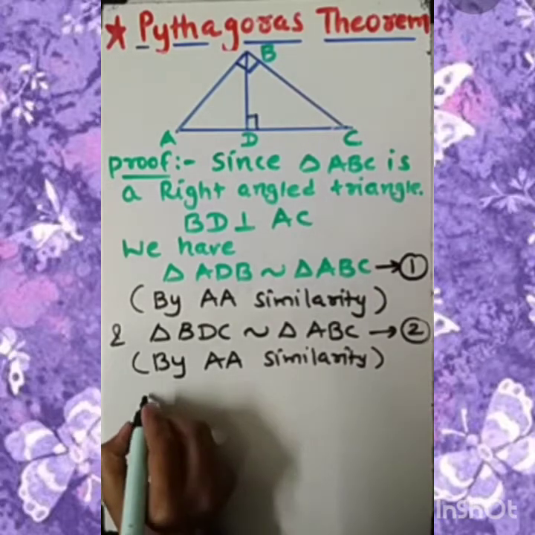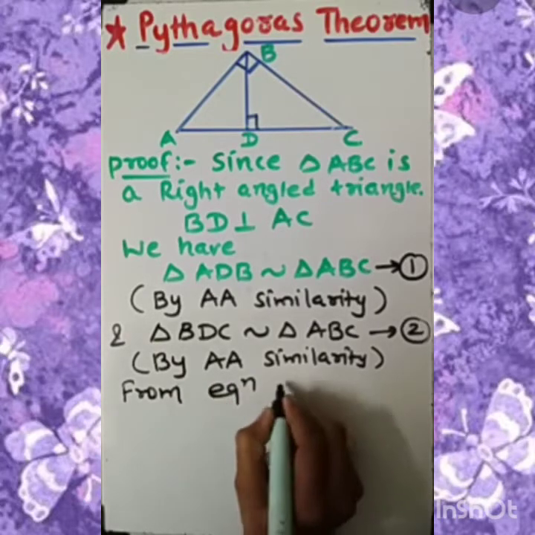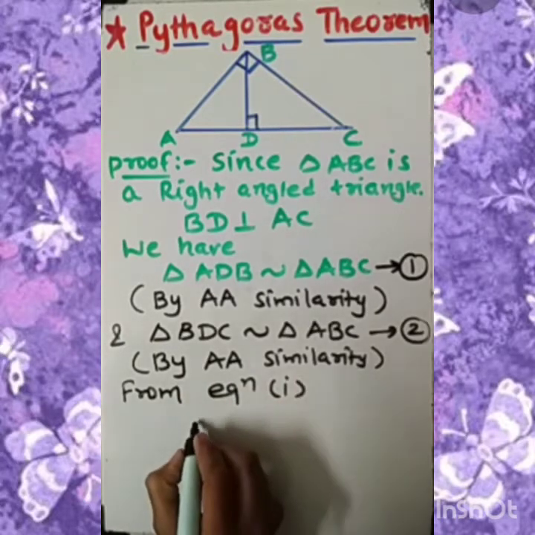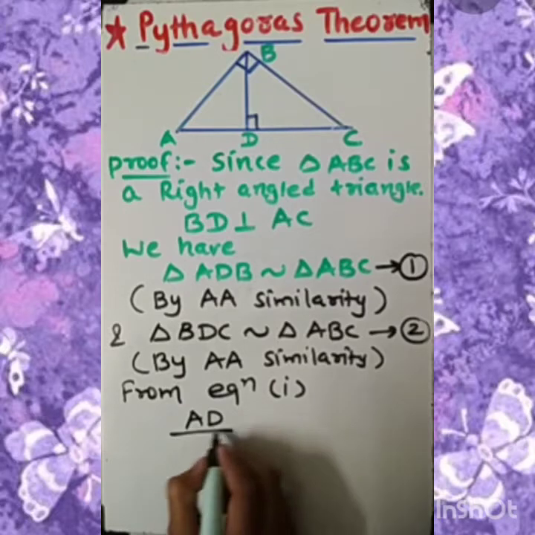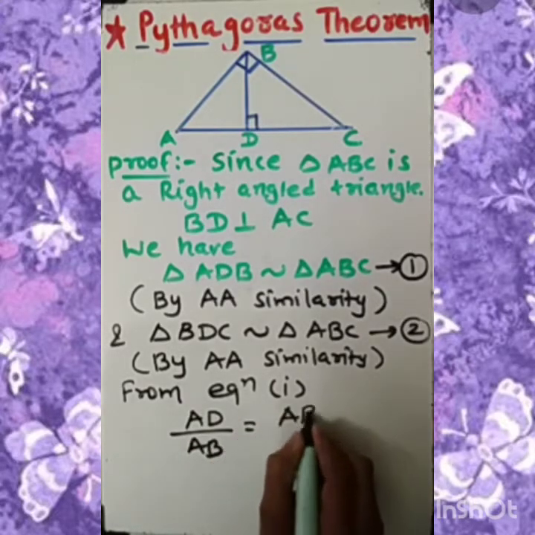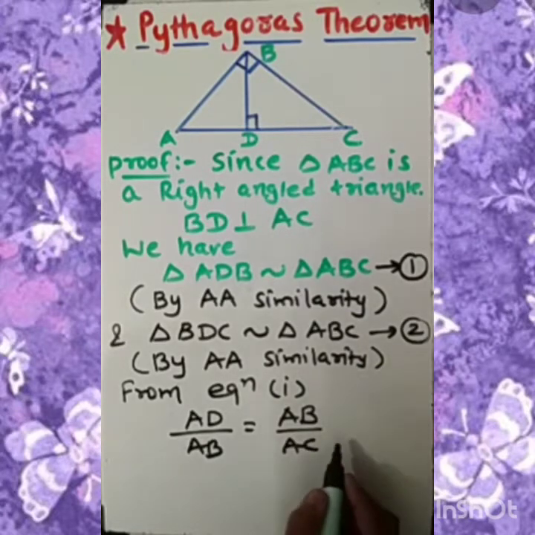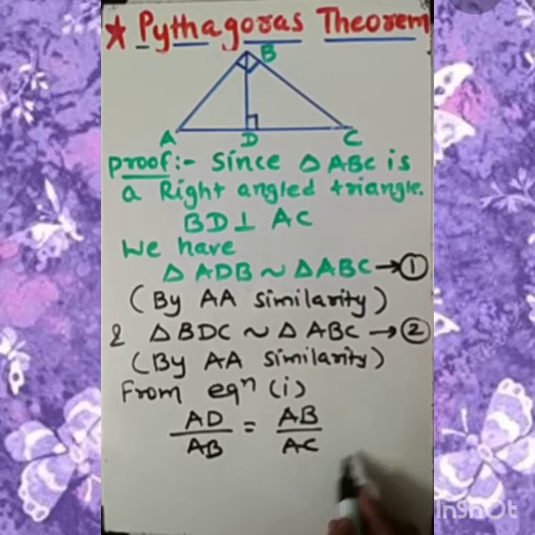Now from result number 1, from equation 1, what do we have? AD upon AB is equal to AB upon AC, as corresponding sides are proportional.